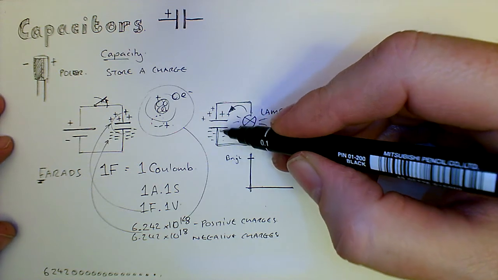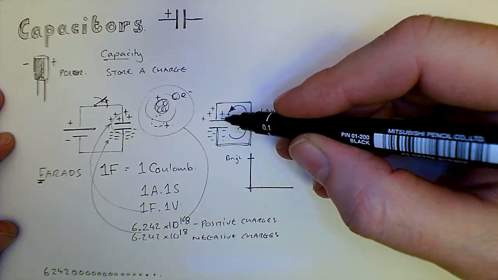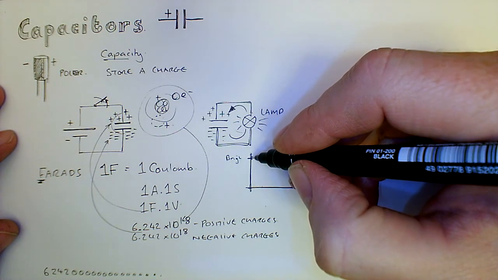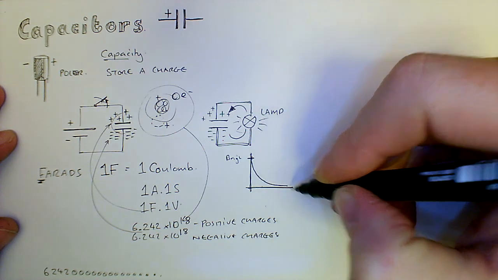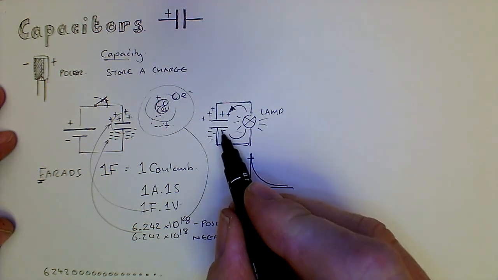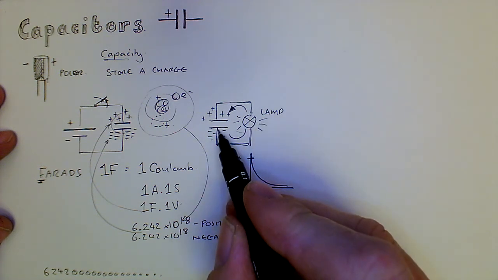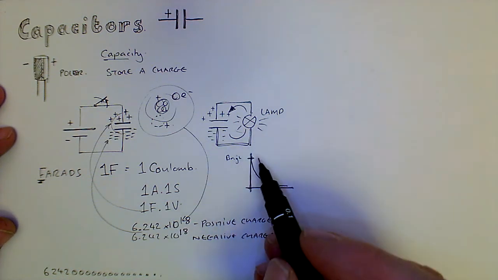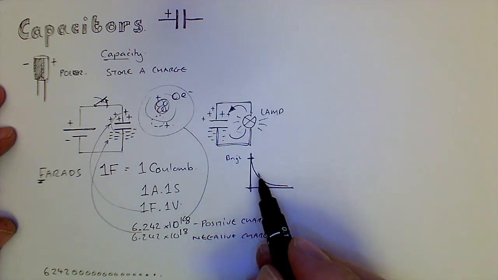As the electrons moved to the positive ions and the capacitor effectively discharged itself, that would happen quite rapidly, and you would see a sort of flash almost, and then the brightness would fade and fade and fade. It's a bit like the electrons rush off here, pass through the lamp, but there's a few left over. It's a bit like the emptying of a tube train. Massive numbers of people rush off, and then there's a few stragglers at the end. So you'll see an initial rush of electricity passing through the lamp, and then it will slowly fade off.